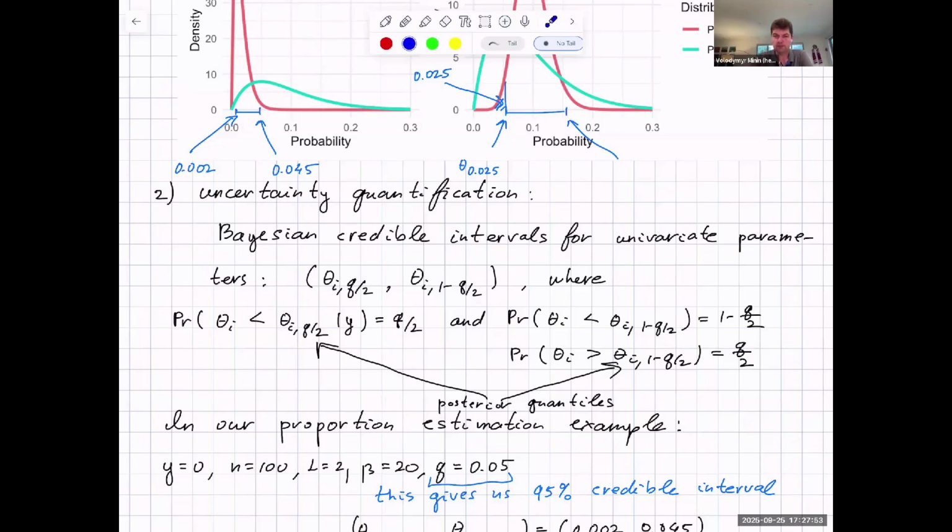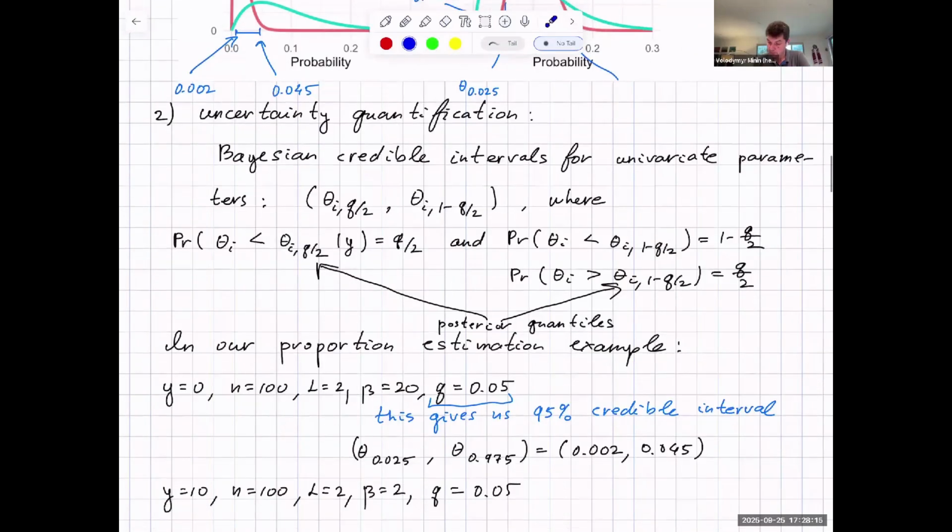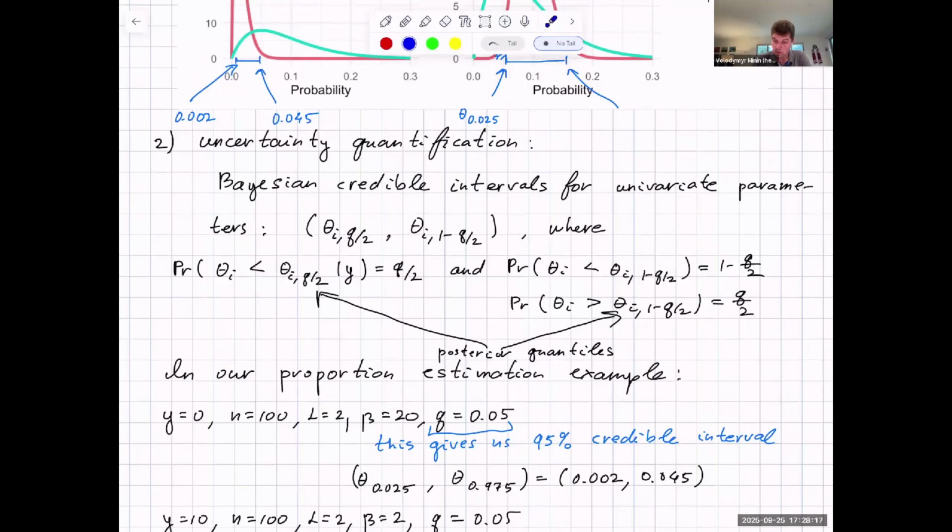How do you feel about that? Can you try to connect those numbers 0.025, 0.975 with the plot which is there? So let me see.